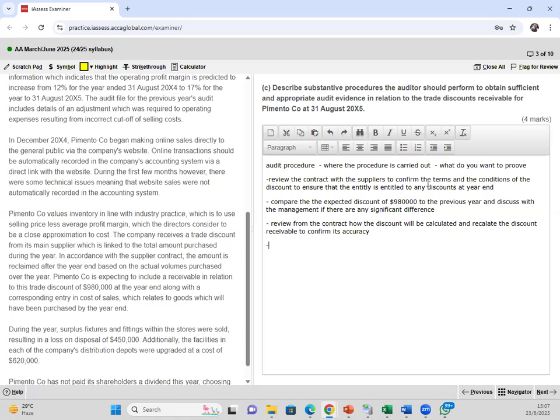Then lastly, we need 4. The last one we can talk about for this discount, because if the discount is to be received, we can then check if we have not paid at the end of the year.